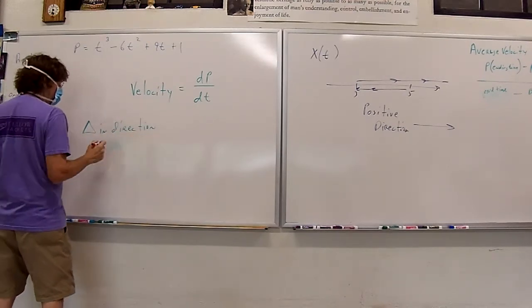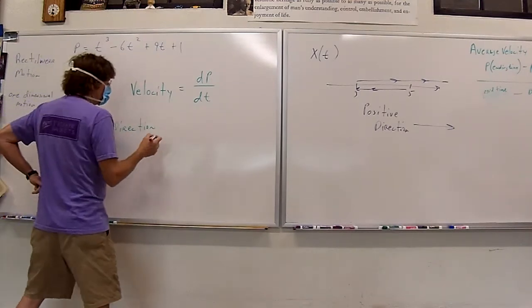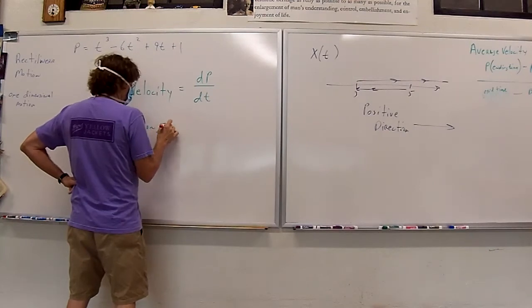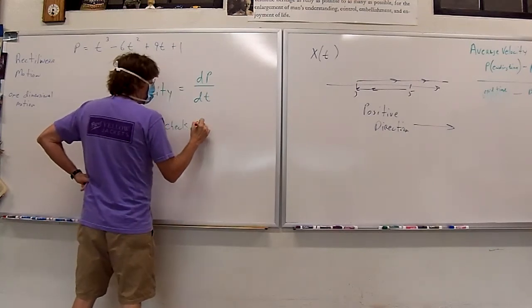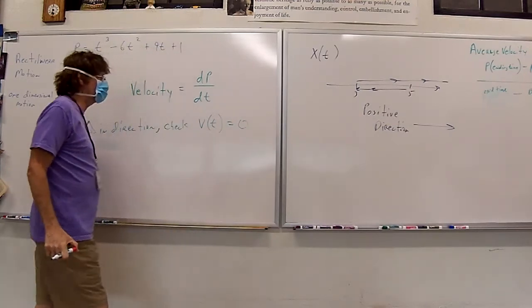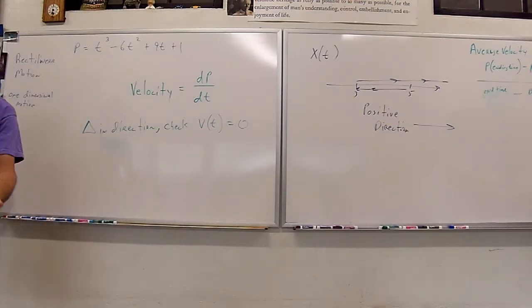Doesn't always guarantee it, but for changes in direction, check V of t equals 0. The velocity will probably equal what when it changes directions? 0. Matter of fact, it might.